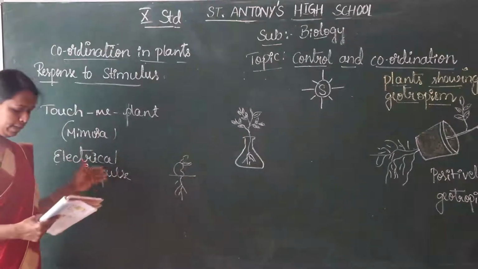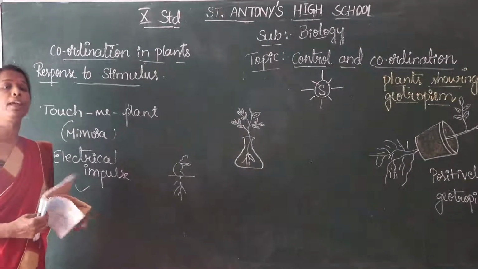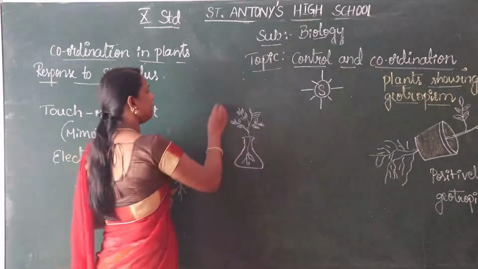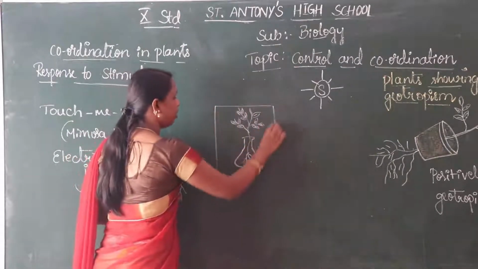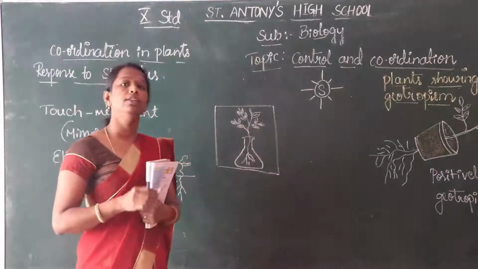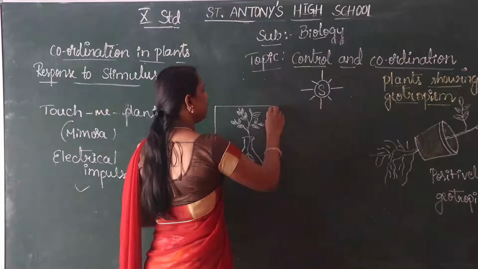For example, if we take movement due to growth, take one cardboard sheet and keep a planted pot in the cardboard box. Make one hole on one side of the cardboard.